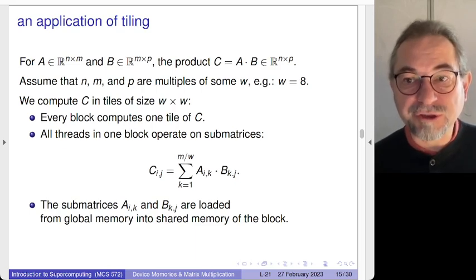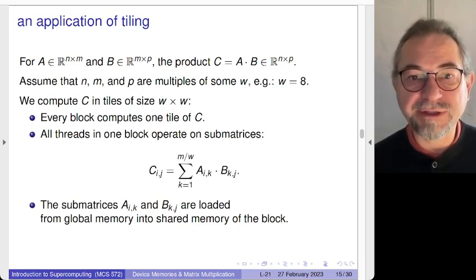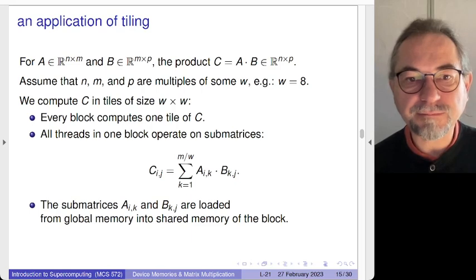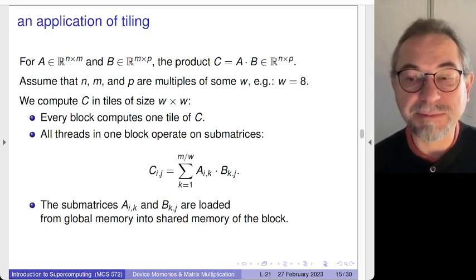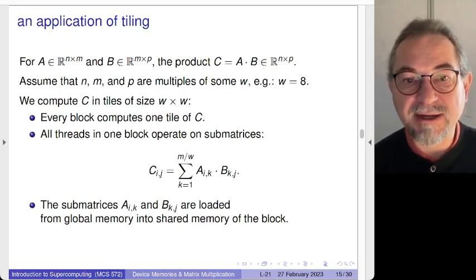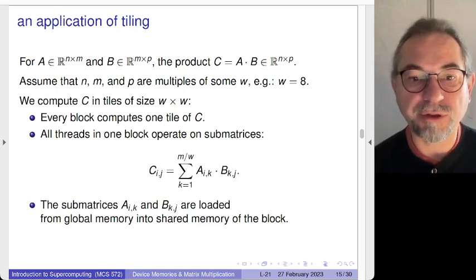We are going to subdivide our matrices into tiles of width W. So we now see the matrix multiplication as the multiplication of many smaller matrices.